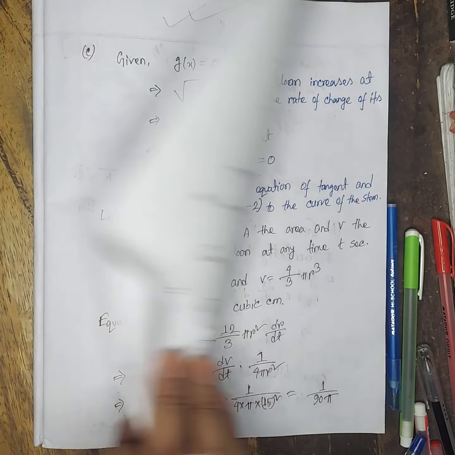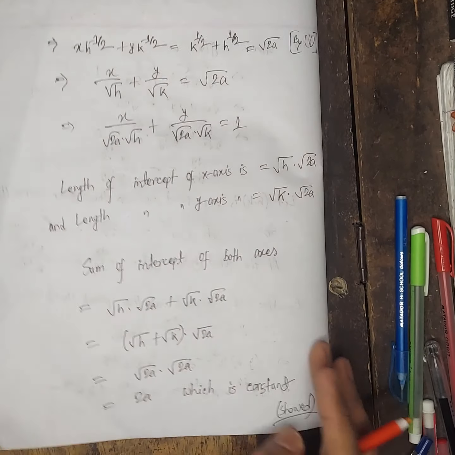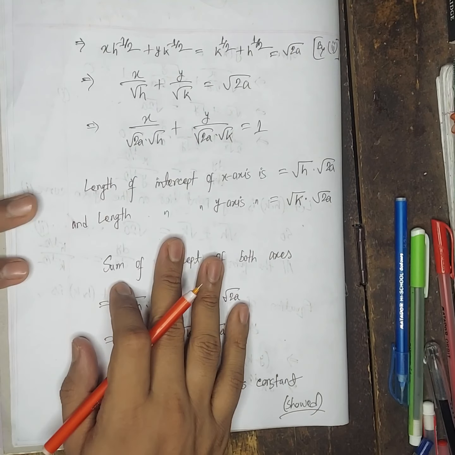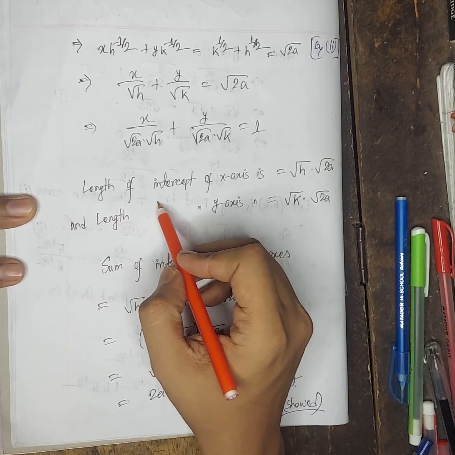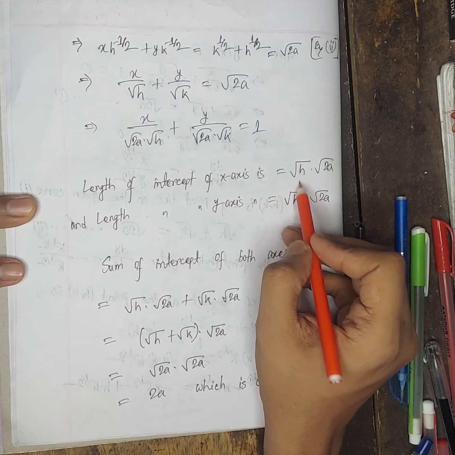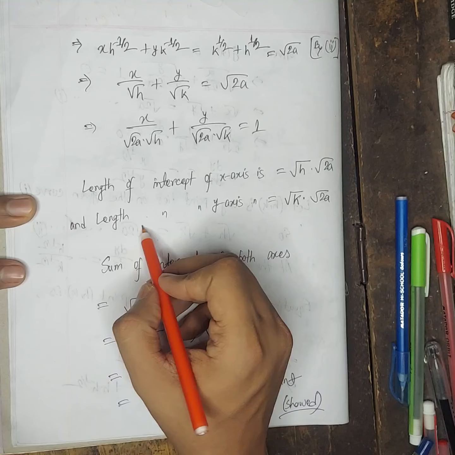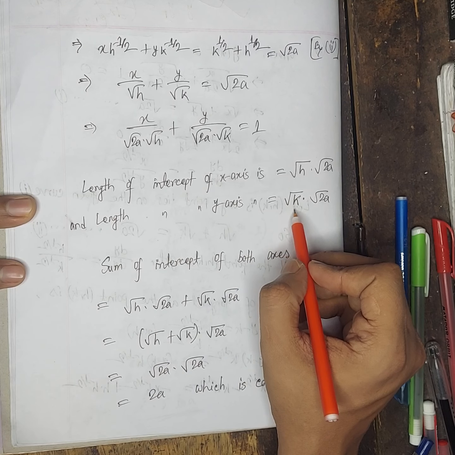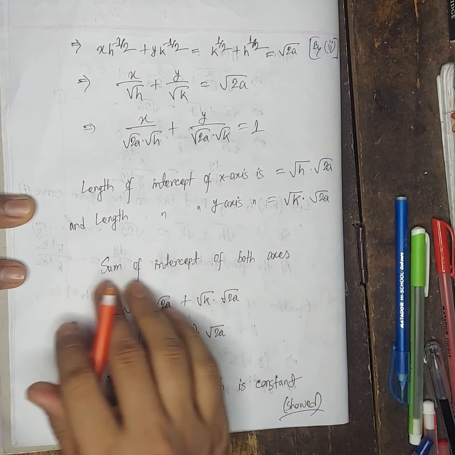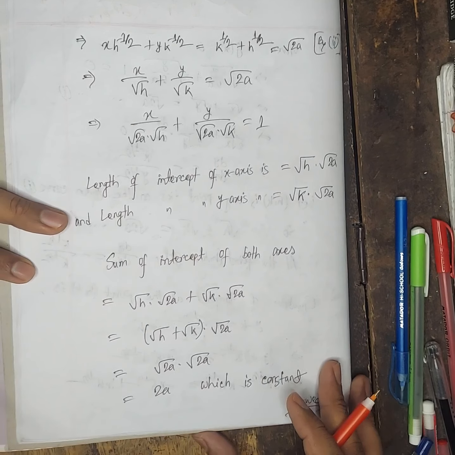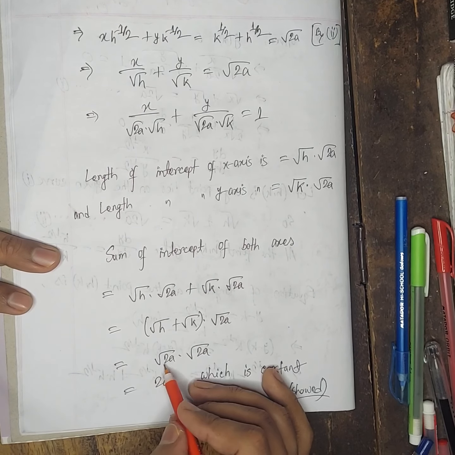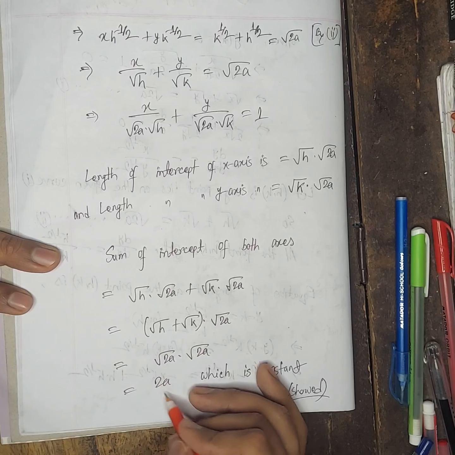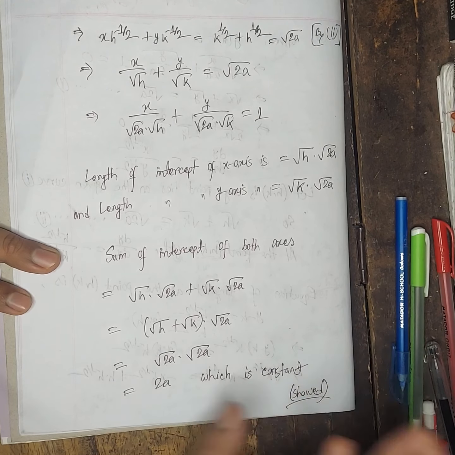Now this is our equation. The length of intercept on the x-axis will be root over h times root over 2a, and the length of intercept on the y-axis is root over k times root over 2a. The sum of the intercepts on both axes will be this. We have to add these two terms, then we get root over 2a times root over 2a, which is 2a only, which is a constant. Okay, proved.